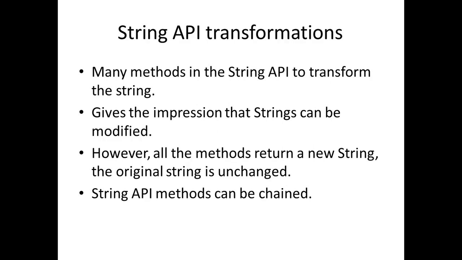However, all these methods in the String API which transform a string return a new string. The original string is unchanged. And the String API methods can be chained one after the other to do multiple transformations. I'll show you an example of this later.